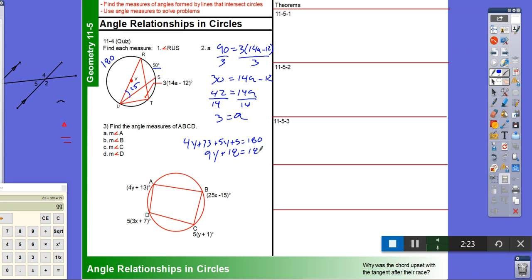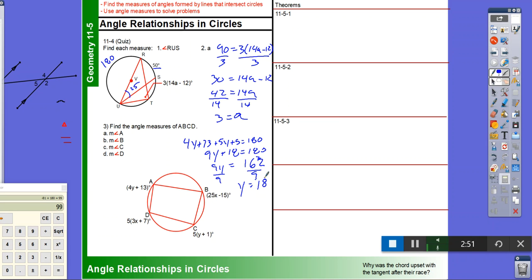It's equal to 180. This is good because everything here is divisible by 9. So 9y is equal to 162, divided by 9, and so y is equal to 18.